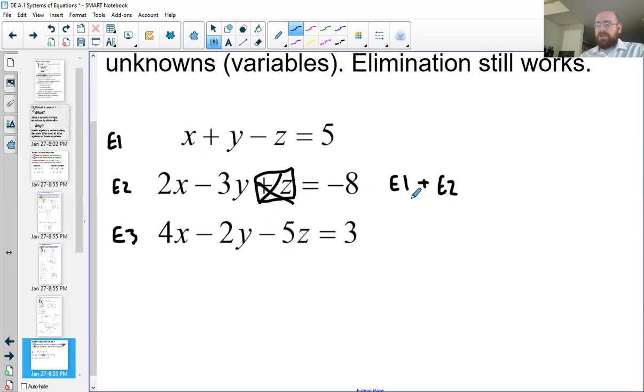I still need to actually do the work, but I'm illustrating what's going to happen. And then I also notice that I have a y here and then a negative 2y in equation 3. So if I add 2 times equation 1 plus equation 3, I will end up canceling this middle term as well.